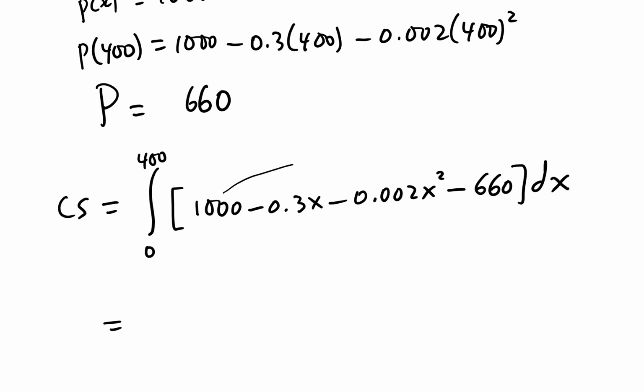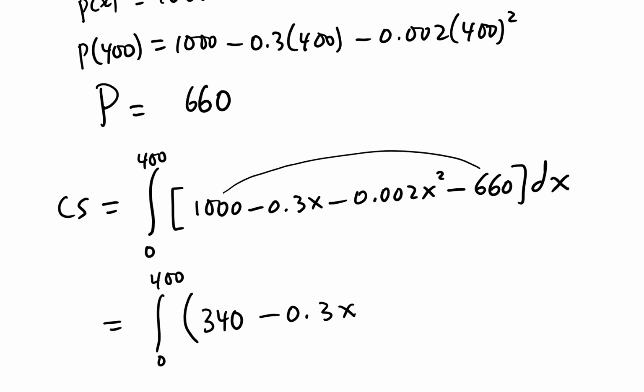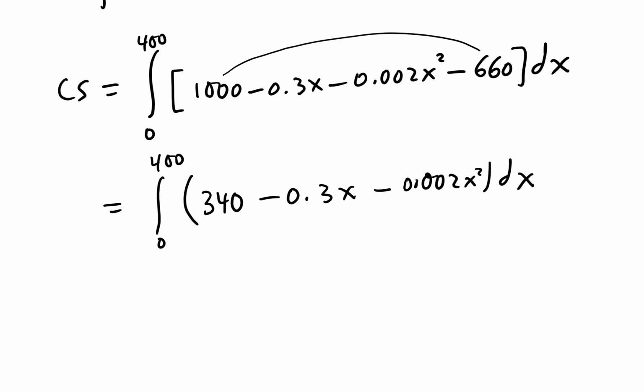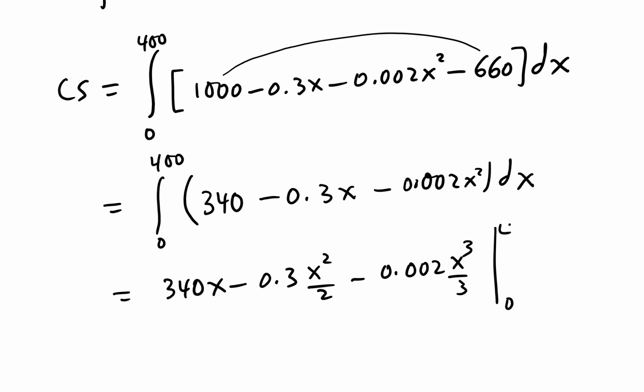And you can combine these together, from 0 to 400, 1000 minus the 660, 340, minus, keep everything else the same, and then we can integrate this one. 340x minus 0.3x squared over 2 minus 0.002x cubed over 3 from 0 to 400.